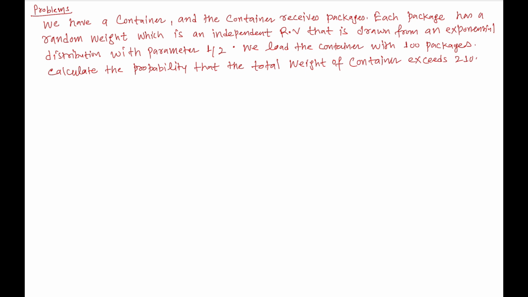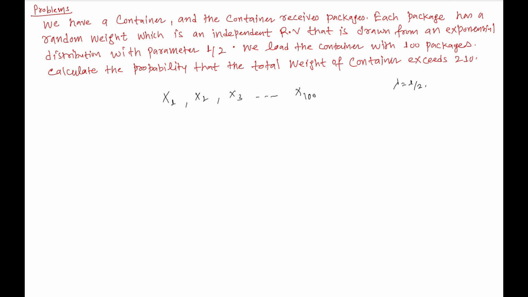Let's first denote the weight of the first package with the random variable X1, the weight of the second package with X2, the weight of the third package with X3, and we are loading such 100 packages. All these are random variables taking values from the exponential distribution, so all will have the exponential distribution with the parameter half, and all these are independent random variables.